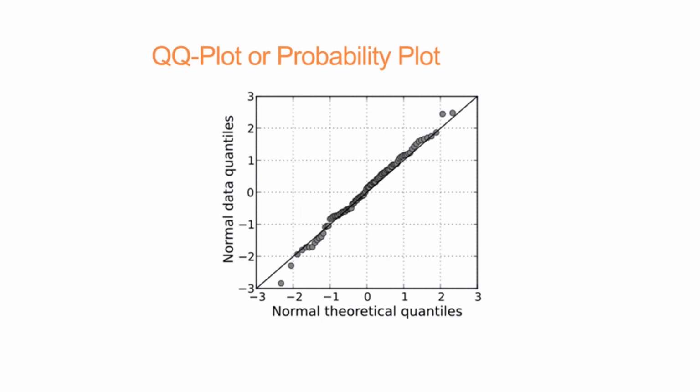Specific types of patterns can be recognized by looking at normal probability plots. However, we will generally decide the shape of the distribution based upon histograms and box plots, and use the QQ plots only to determine how closely the data resembles a normal distribution.